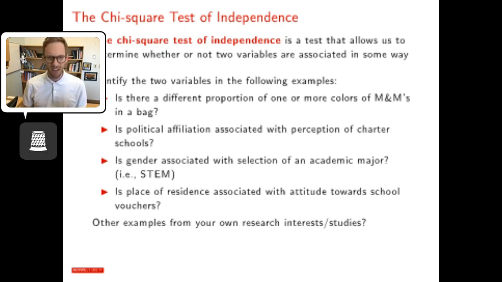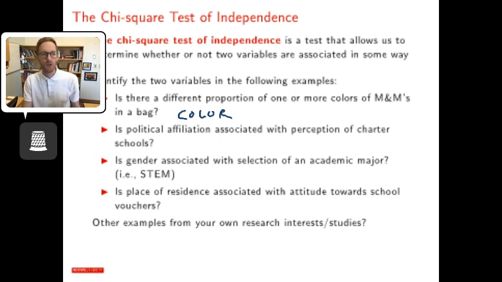All right, and I have two variables, but the first one doesn't really have two variables. That's terrible of me. But just because we've been doing the M&M example, we might want to know, is there a different proportion of one or more colors of M&Ms in a bag? And so we have a bag, and like we did, we could outline that our expectation is that there would be equal representation of M&Ms in the bag, but it could be that a certain color is privileged over another.